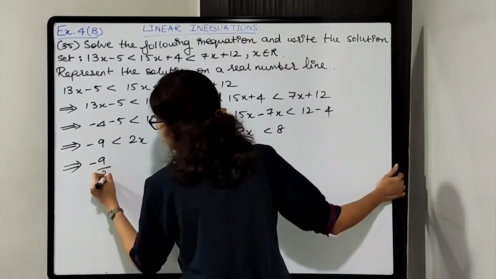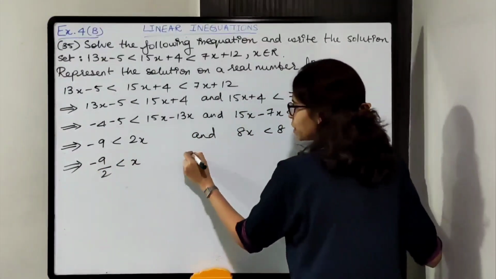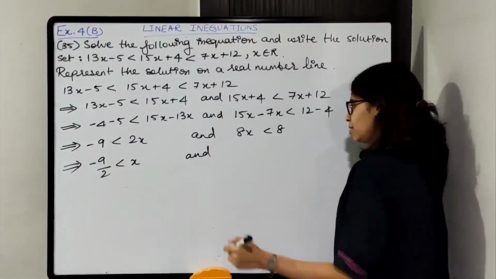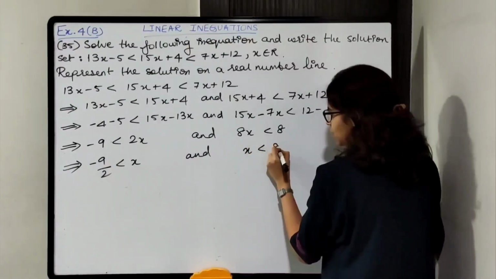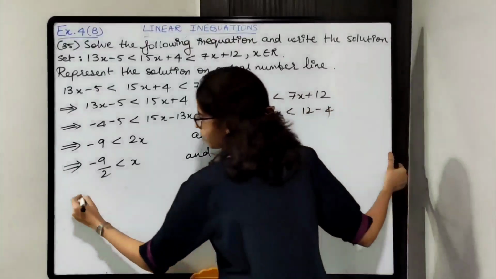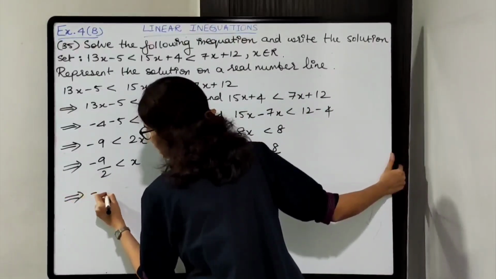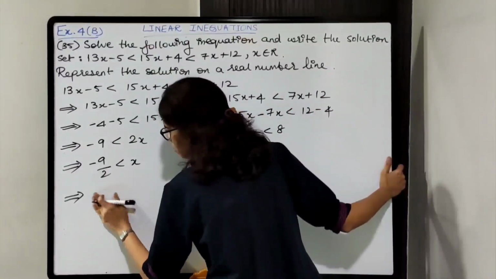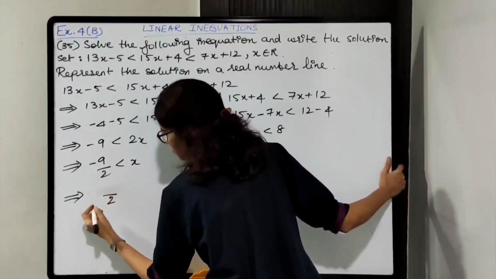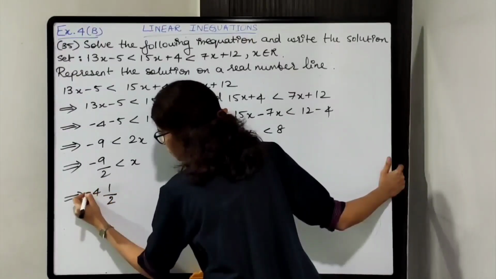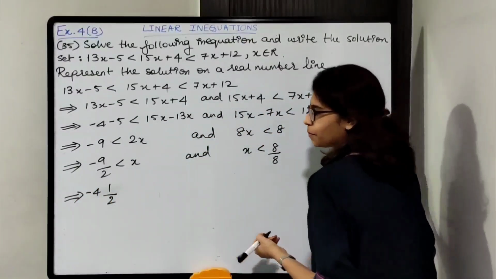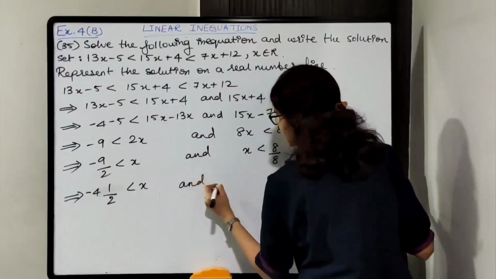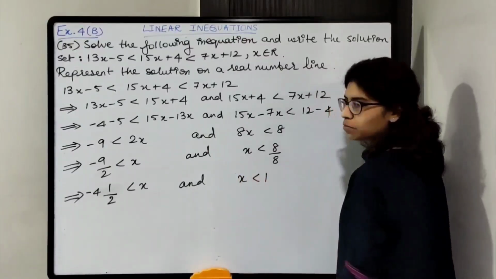Minus 9 by 2 is less than x. We shifted 2 to the other side, that is basically dividing by 2 on both sides. So x is less than 8 by 8. So we get minus 4.5 less than x, and x less than 1.